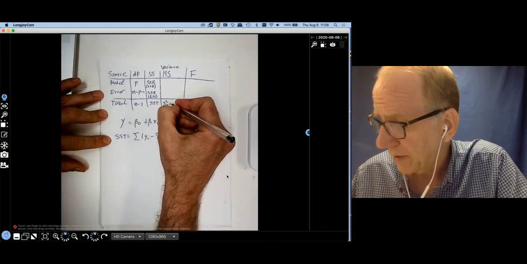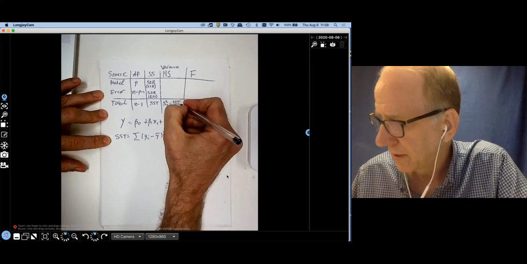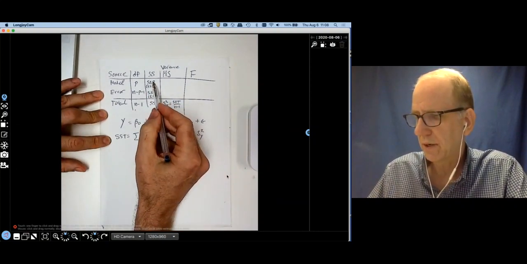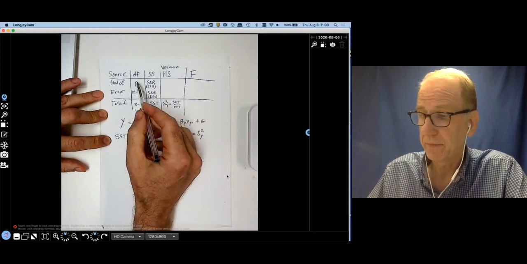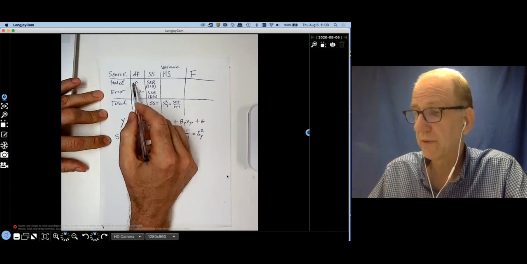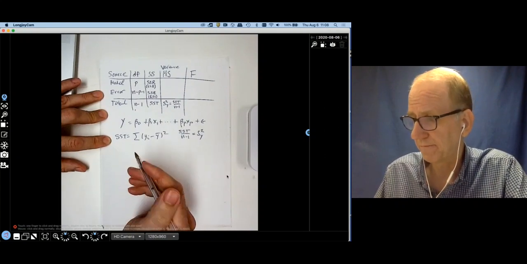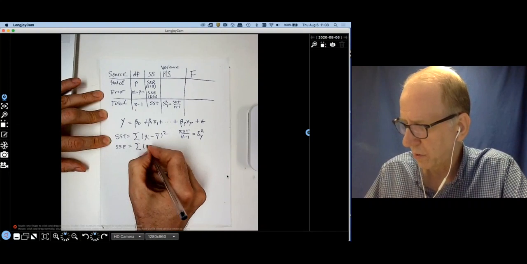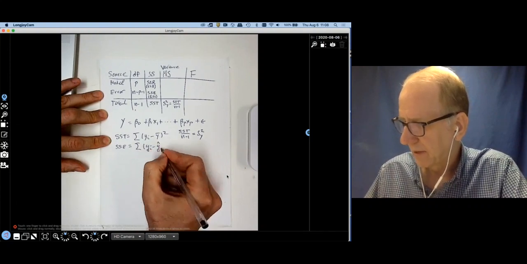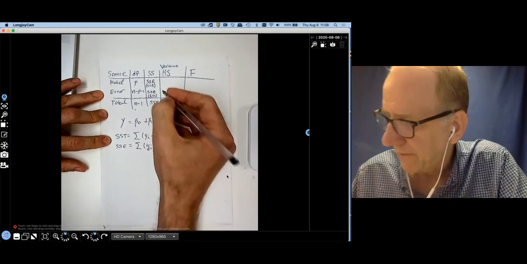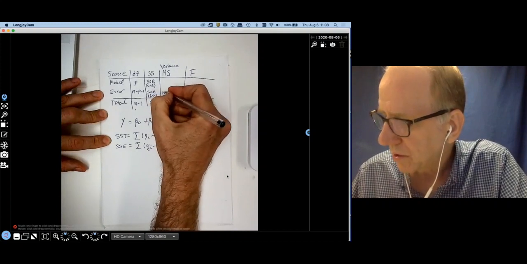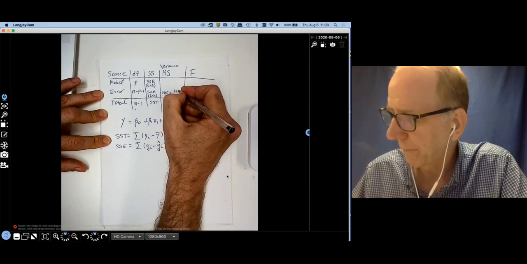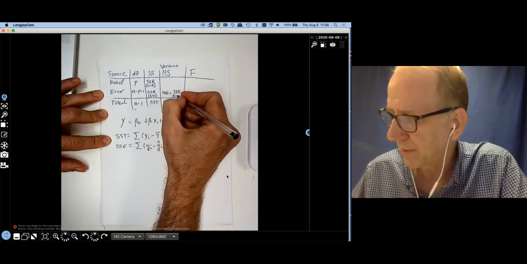S squared y is just SST divided by n minus 1. So with ANOVA tables, we add vertically. So SSR plus SSE is equal to SST. This plus this is n minus 1. We divide across. And so that's what I'm doing here. SSE is the sum of squared errors, so y i minus y hat sub i squared. And the mean squared error is just going to be SSE divided by n minus p minus 1.